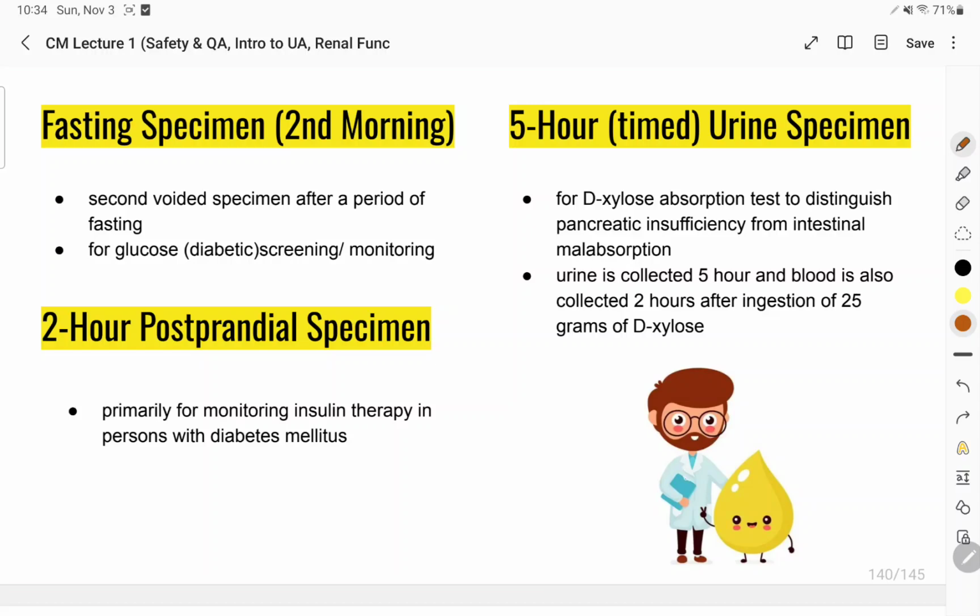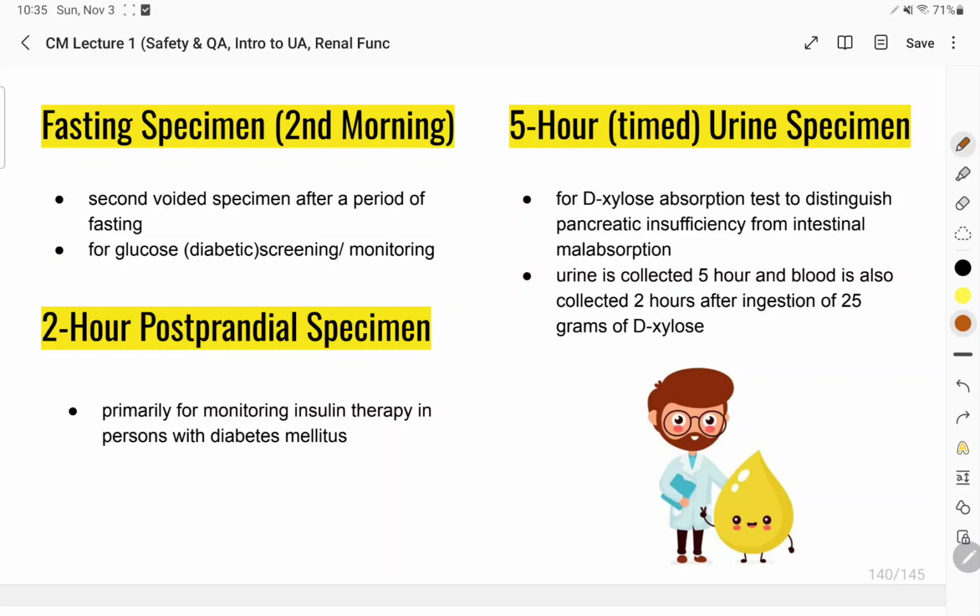D-xylose is a sugar, so either wala nag-produce og hormone ang pancreas to metabolize your D-xylose, or basin your D-xylose is not absorbed in your intestine, so wala siya nagamit sa blood.